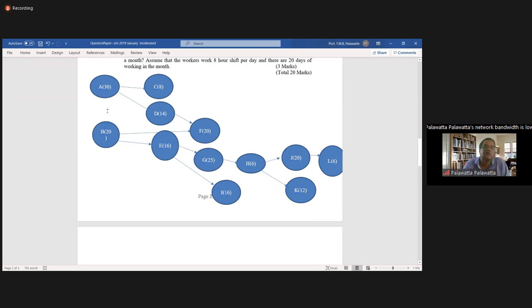But then you have violated precedence, because in order to allocate F, you have to have allocated D and B. Without D and B allocated, you cannot go for F. Without allocating E and B, you cannot go for G. So you may be able to find combinations, but if the precedence is violated in that combination, the answer is wrong.